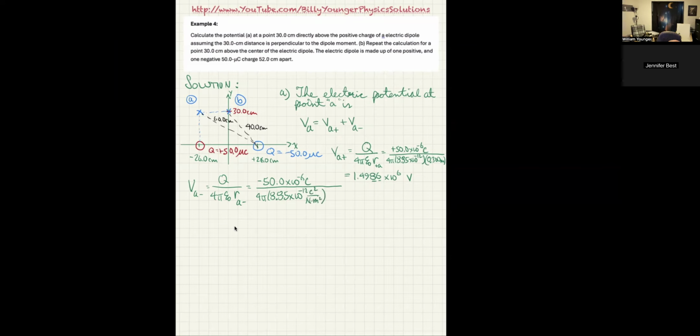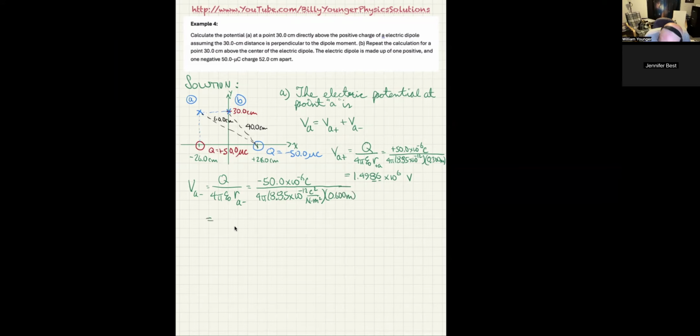This time I went ahead and wrote the units in case y'all couldn't make out what I was saying earlier. And this time the distance is from the negative 50 microcoulombs to the point A, which is 60 centimeters, so I'm going to write 0.600 meters.